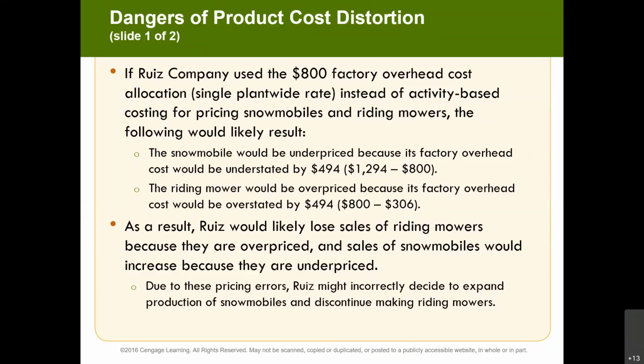And so that's why it's really important that we look at the differences between these overhead allocation methods to really get granular, which will help us to not over or under cost our overhead per unit.